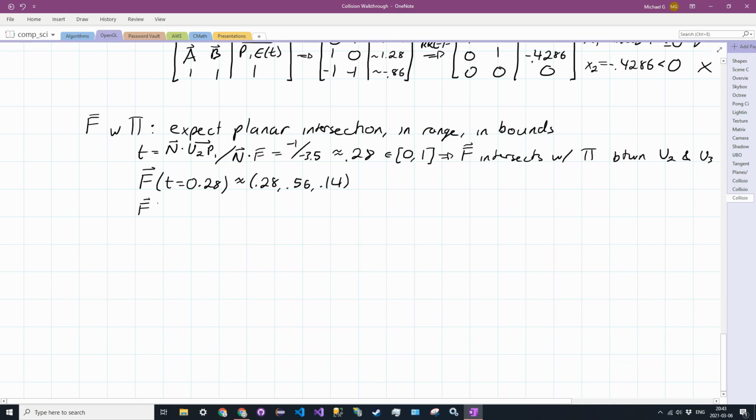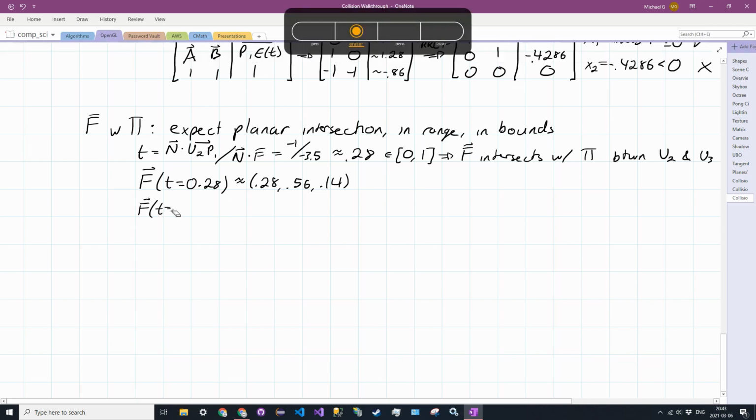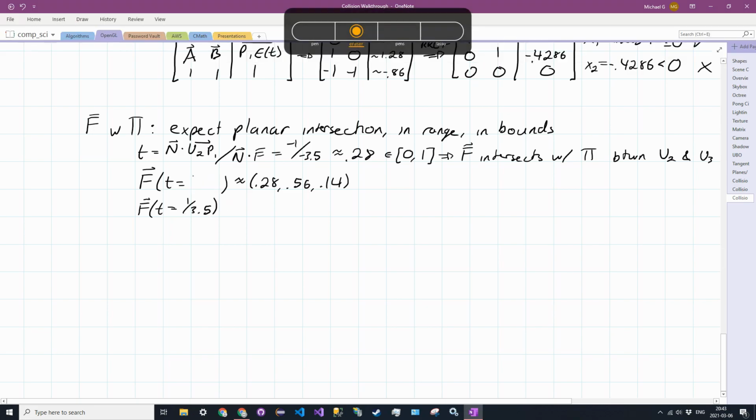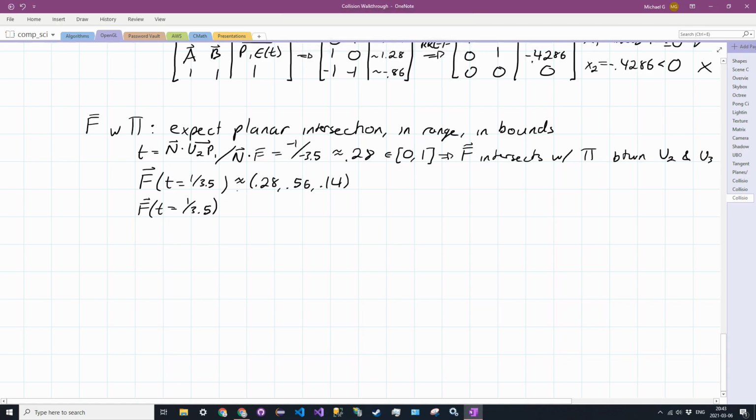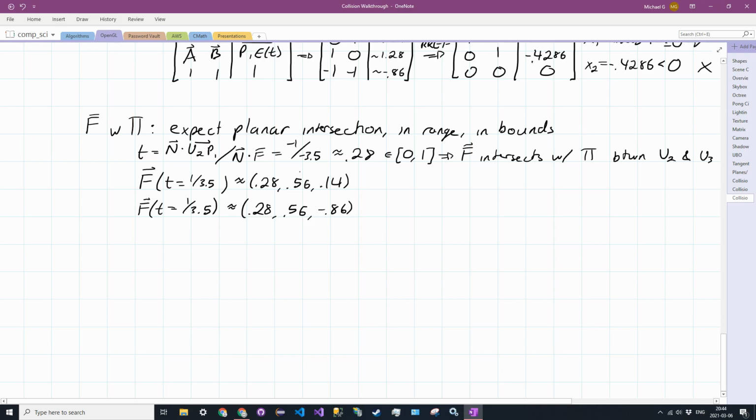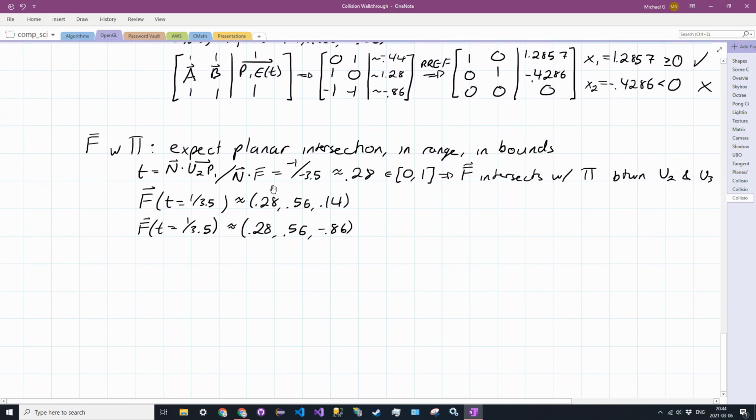And then if we subtract the point, so f(t) is equal to 1 over 3.5, I should actually just write that. This is approximately equal to 0.28, 0.56, and then negative 0.86.